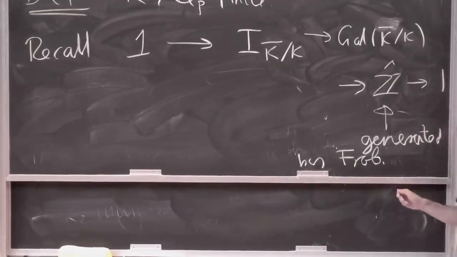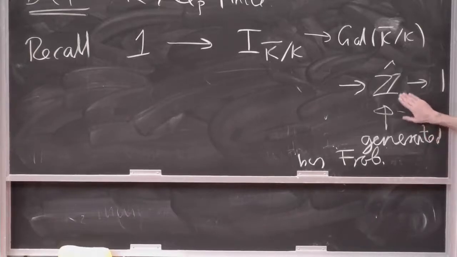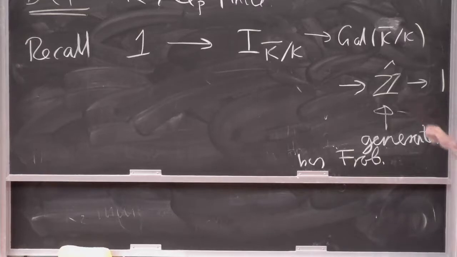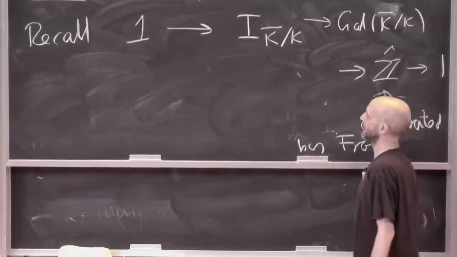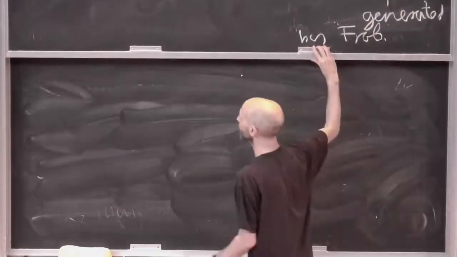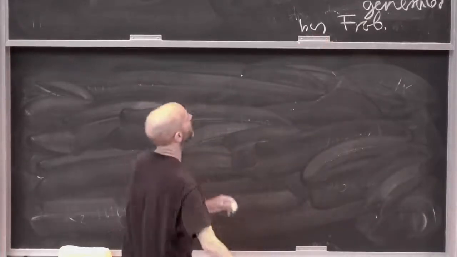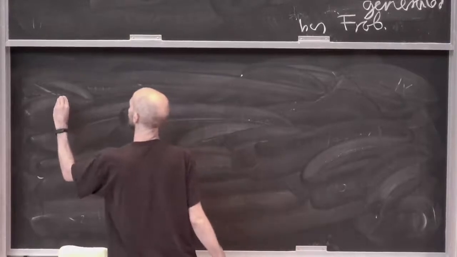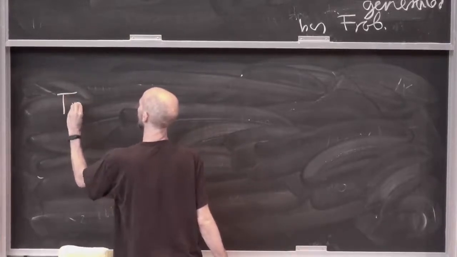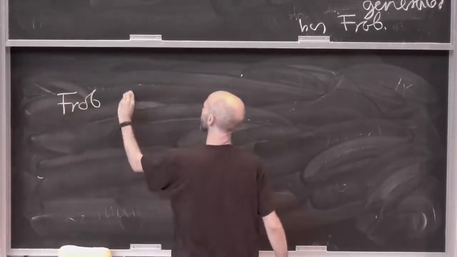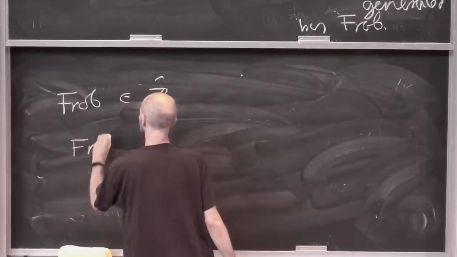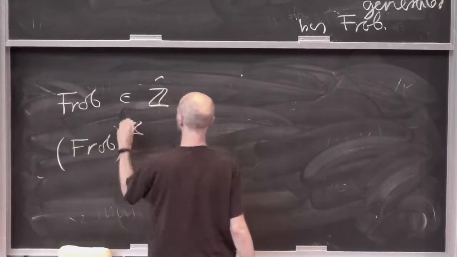And what I want to do, for reasons which initially I found very bizarre, is I want to change this Z-hat to a Z. Okay. So let's look at Frob there. So Frob is in Z-hat, and so let's look at Frob to the power Z, as it were.